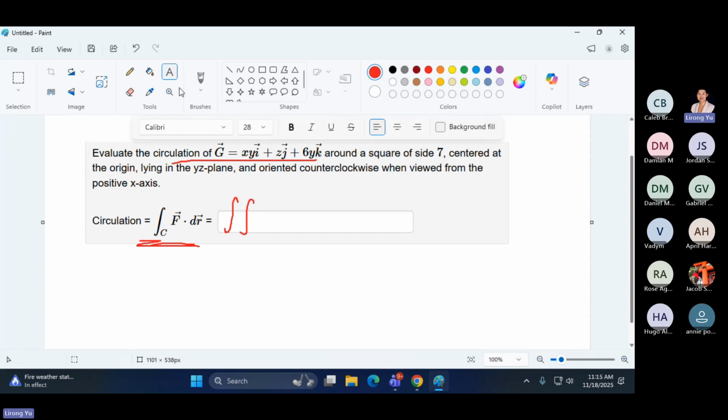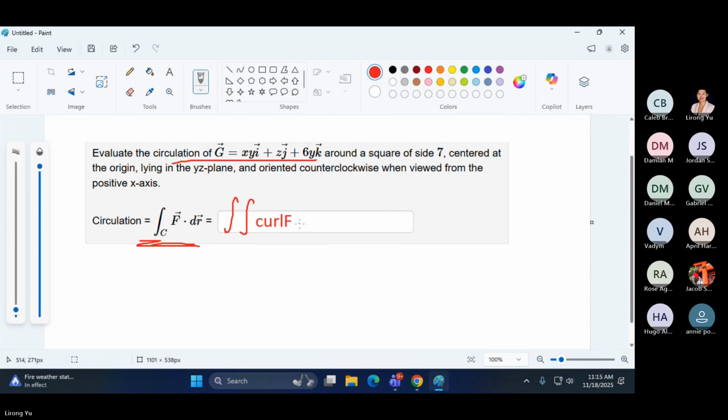A double integral is a calculation method, but a surface integral is a special kind of integral. So according to Stokes theorem, this is equal to the curl of the vector F dot n dS. That's the Stokes theorem.